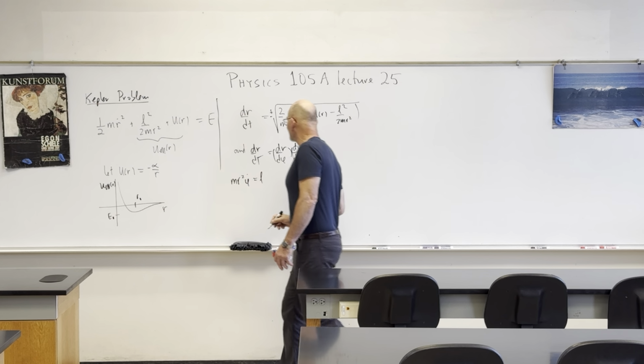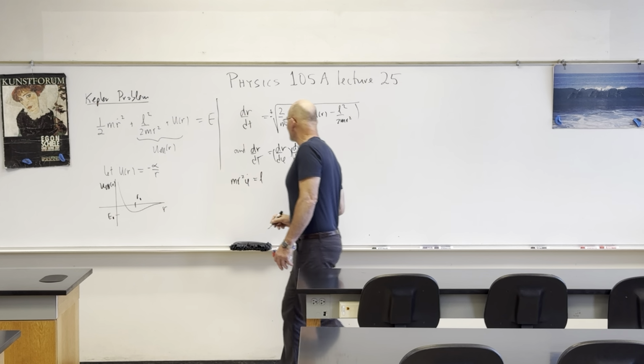So we'll make that substitution on the left side here. And we did that last time, but that's all right. So we have dr d phi times L over m r squared equals plus or minus this square root and what's in there.